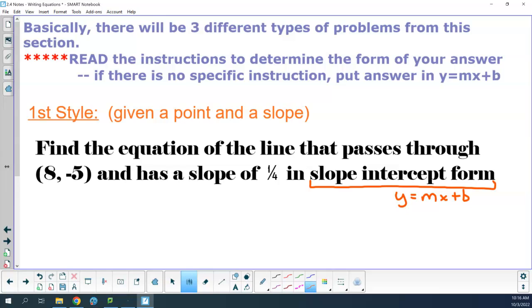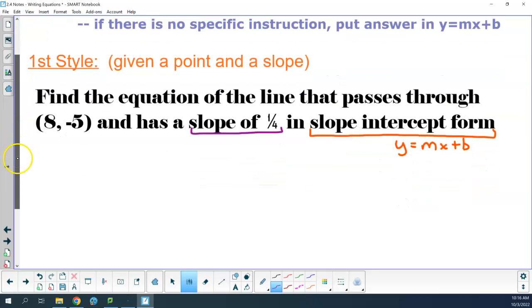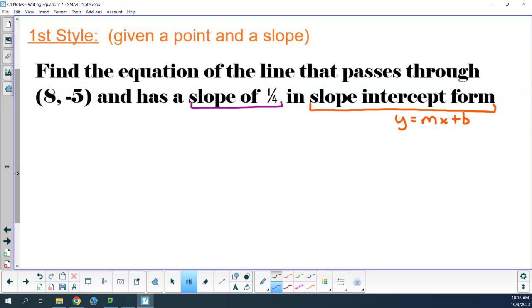Okay? By reading the problem, we already found the m, because it said that our slope was 1/4. So now we just got to find the b. How are we going to do that? We're going to utilize the point slope form because I have a point and I have a slope, so it just logically flows.